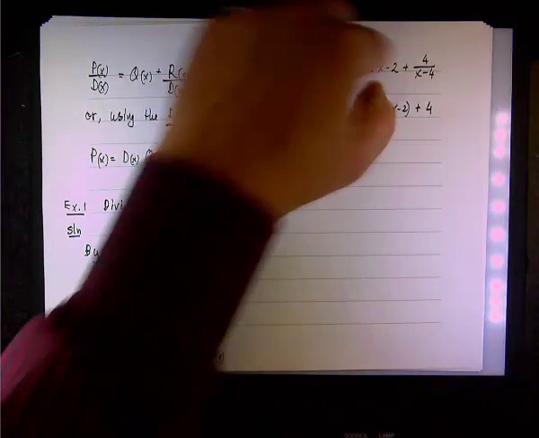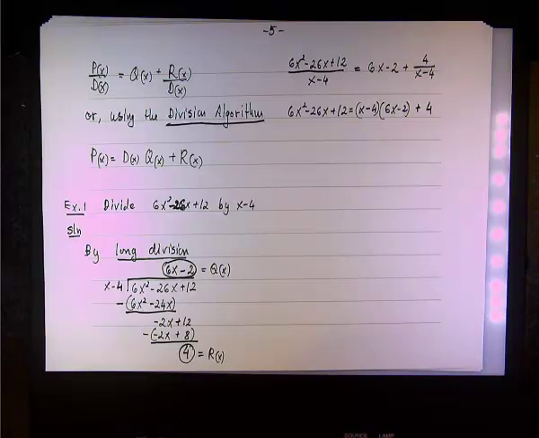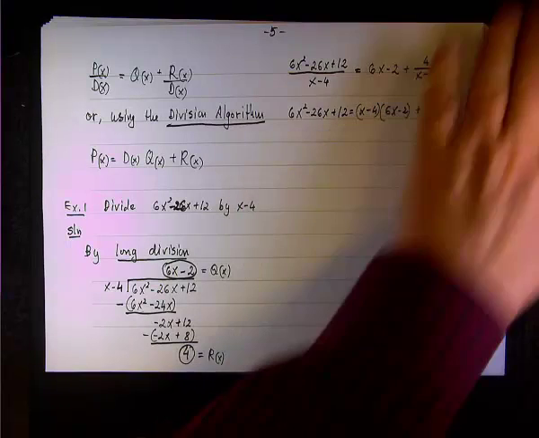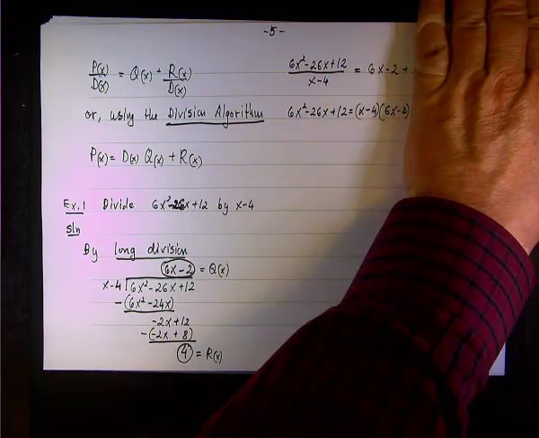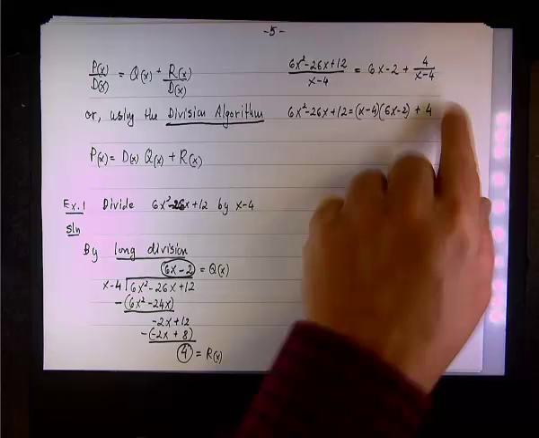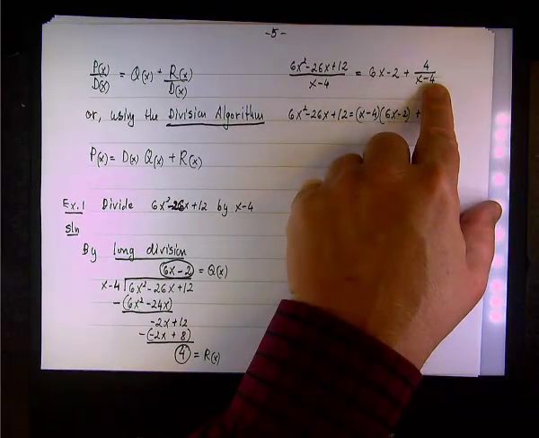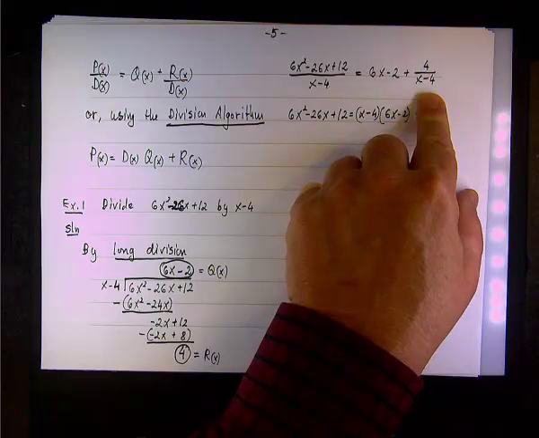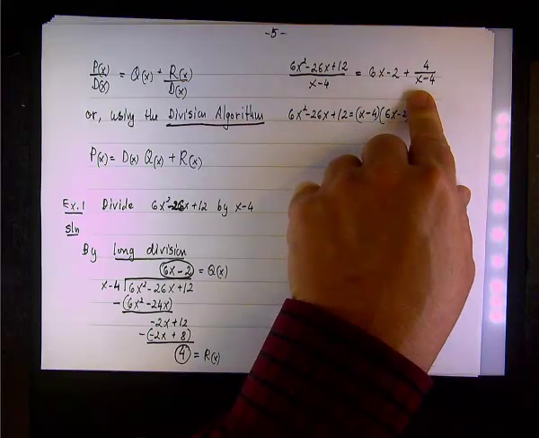It gets closer and closer to 0. So if x is large enough, this little tail disappears, and we have a very comfortable polynomial to work with, 6x minus 2. This is actually what we call an oblique asymptote.